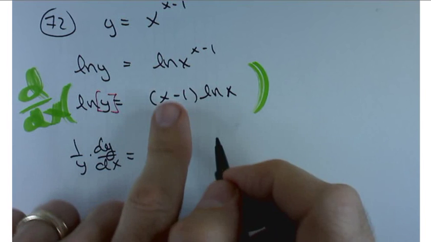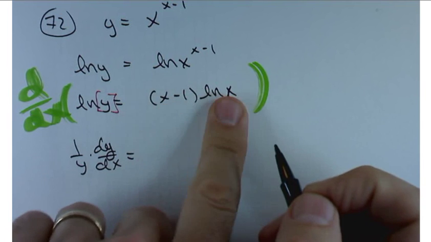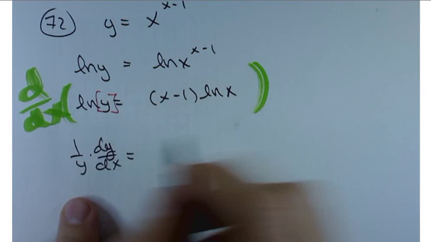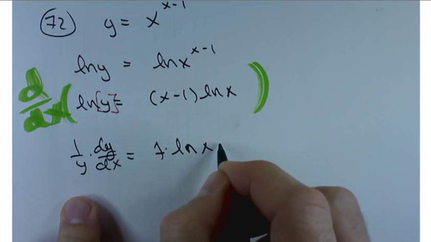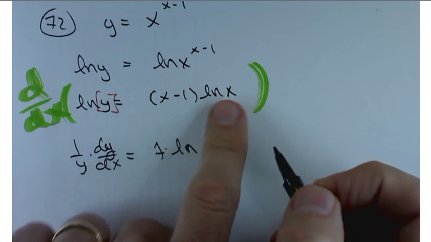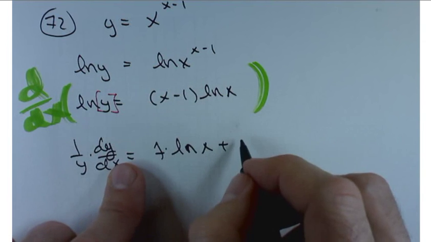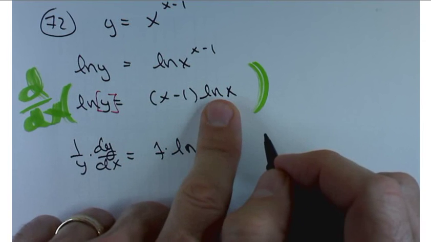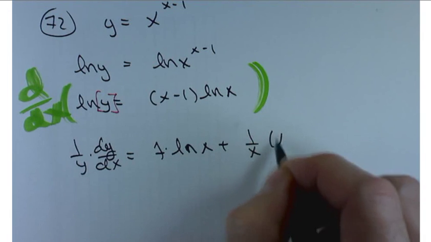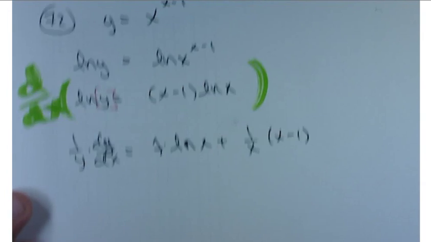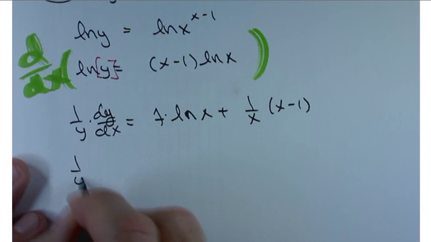Product rule. So derivative of the first times second. So it's going to be 1 times ln of x plus the derivative of second times the first. So what's the derivative of ln of x? 1 over x times x minus 1. Let's clean that up just a little bit.